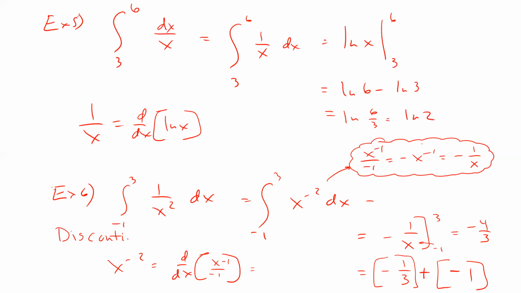Where's your discontinuity here? Yeah, 0, that's right. Did it pass through 0? We went from negative 1 to 3, so not possible. There's a break in our graph. So we have a graph that's going like this.